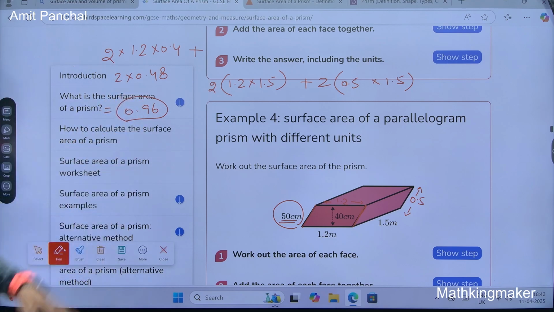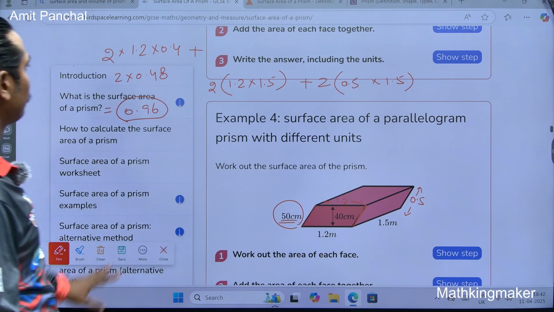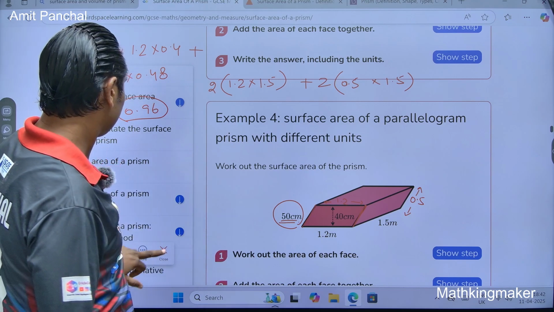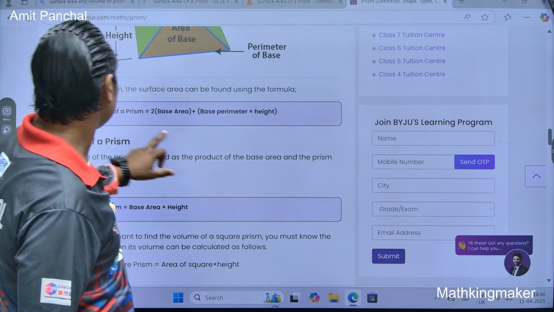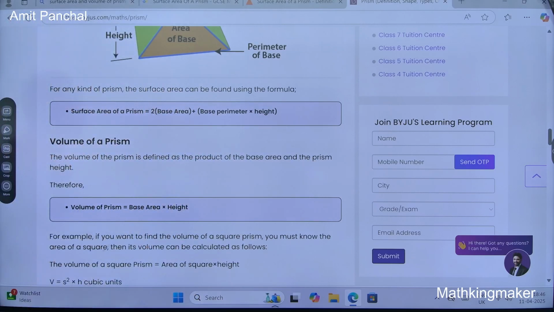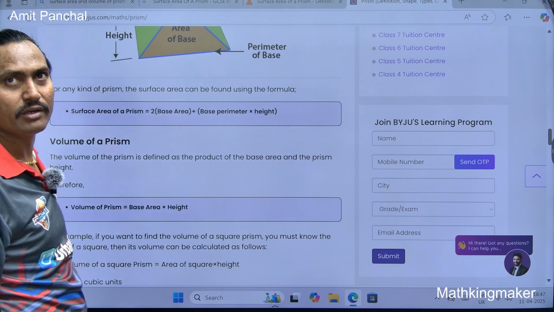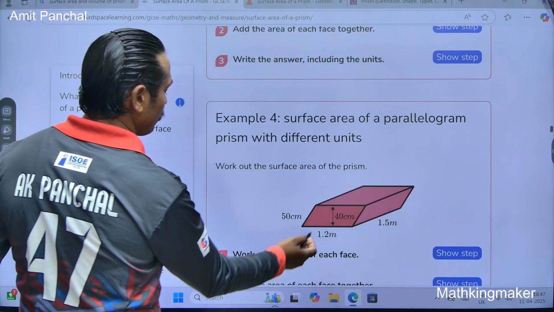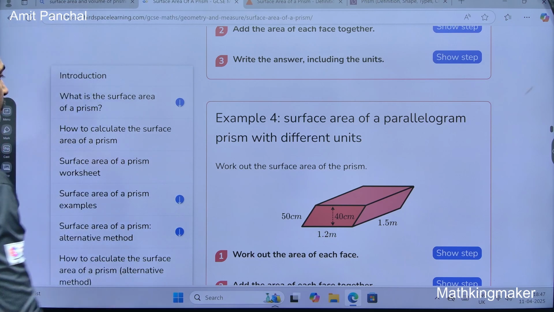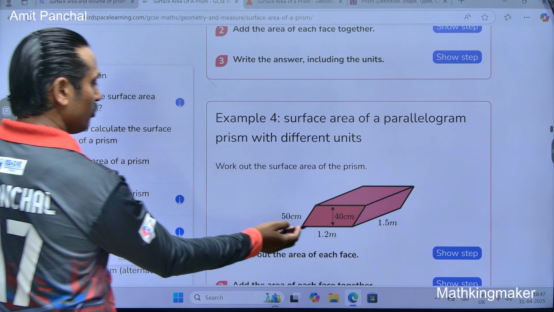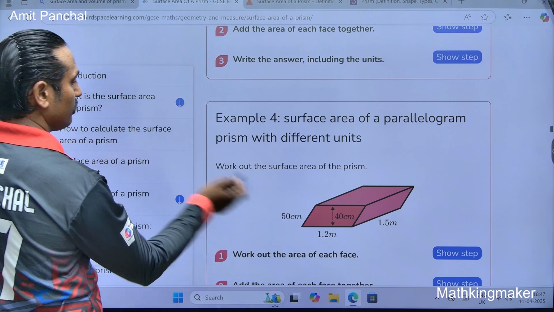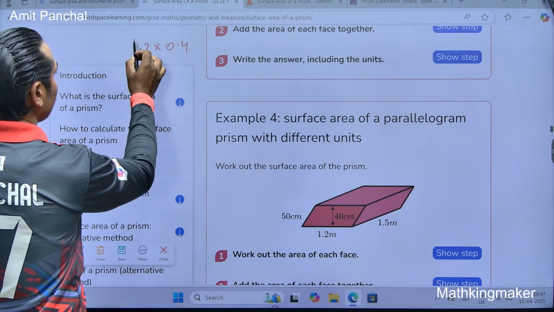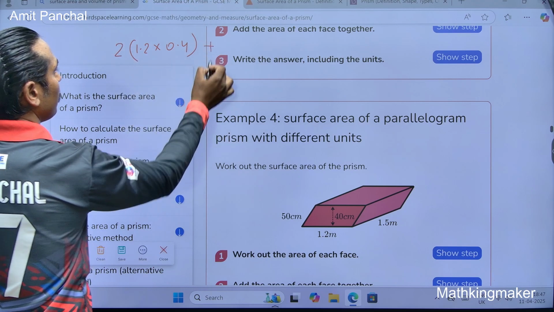So if you join all these, or you just do the simple thing. What is the simple thing? Just find twice the base area plus base perimeter into height. So what is the base area? You found it, it is 1.2 into 0.4, and twice of it, plus the base perimeter.